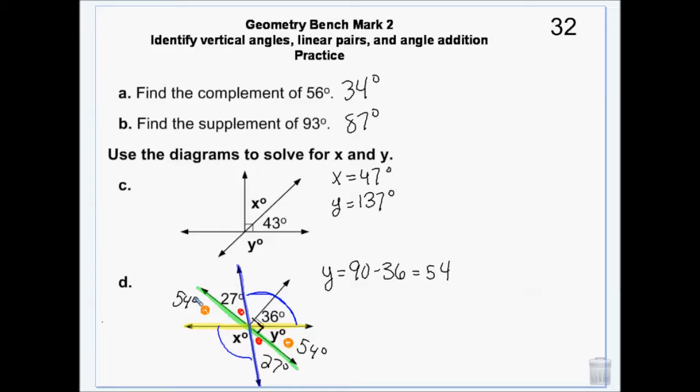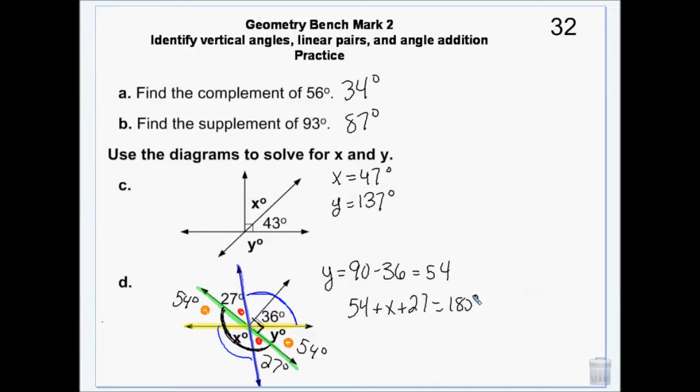However, this green line is made up of all three of these angles. To find X, I can use the fact that this straight line is 180 degrees. Instead of a linear pair, I actually have a linear triple. So three angles make up that straight line. So what I have is 54 plus X plus that 27 would equal 180.